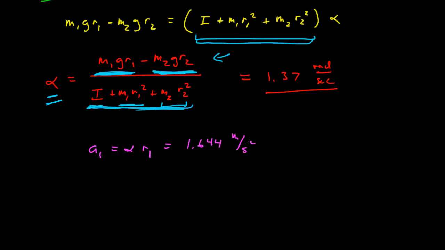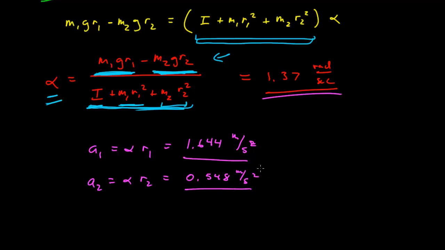Well, the first thing I should point out is I was right. This is a positive number, which means the entire system is rotating counterclockwise, to induce a rotation in the positive k orientation. Okay, so my acceleration of mass 1 is 1.644 meters per second squared. My acceleration of mass 2, alpha r2, that gives me 0.548 meters per second squared.